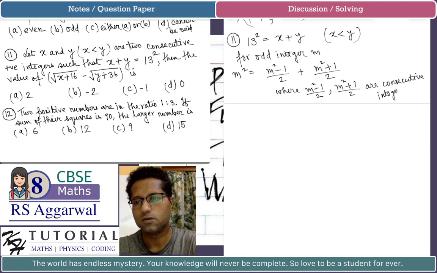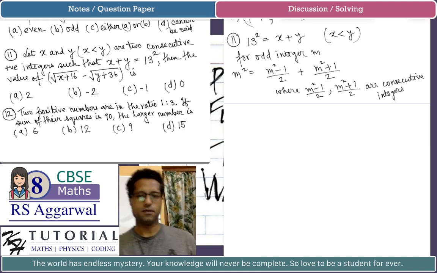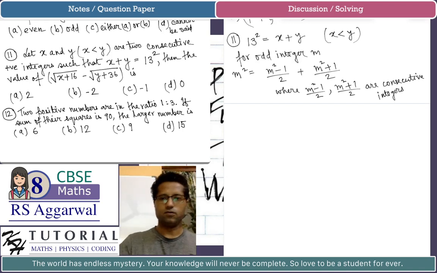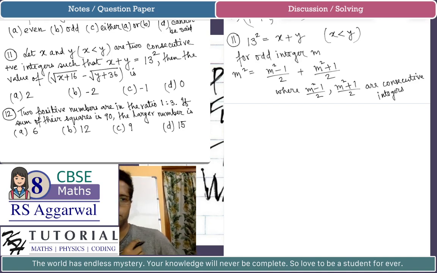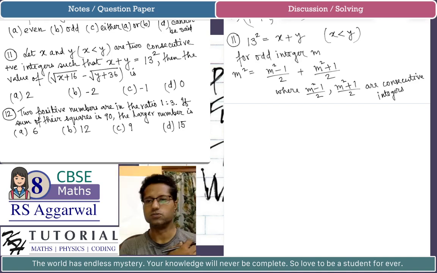This is a concept I have discussed in some video. You can check my videos in the same playlist, CBSE 8 RS Aggarwal, on the chapters of squares and square roots.